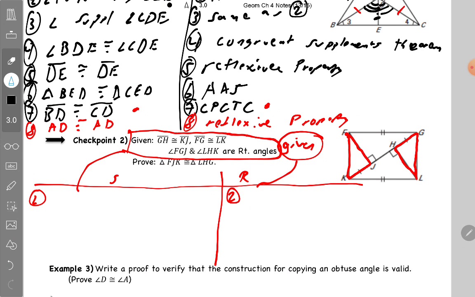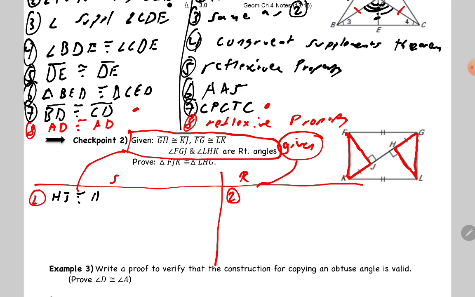Alright, here we go. I'm going to say HJ is congruent to HJ. Because I can. But no, what I'm trying to do is, here, I'll show you.